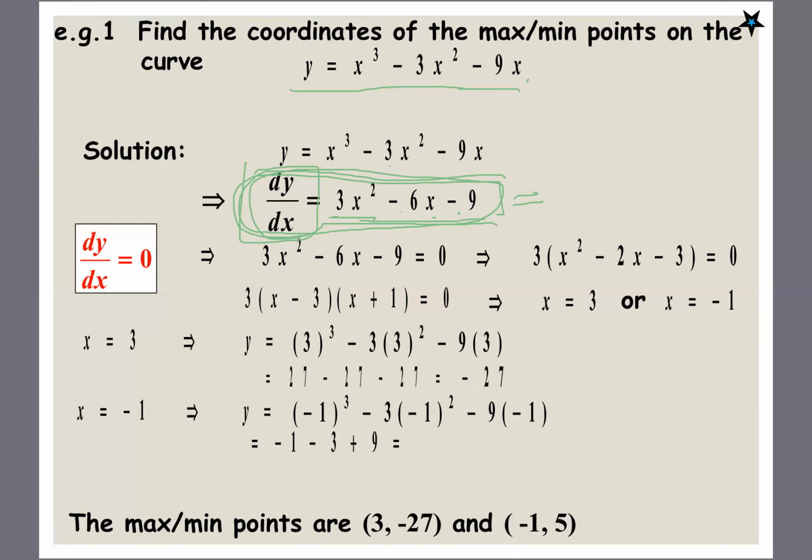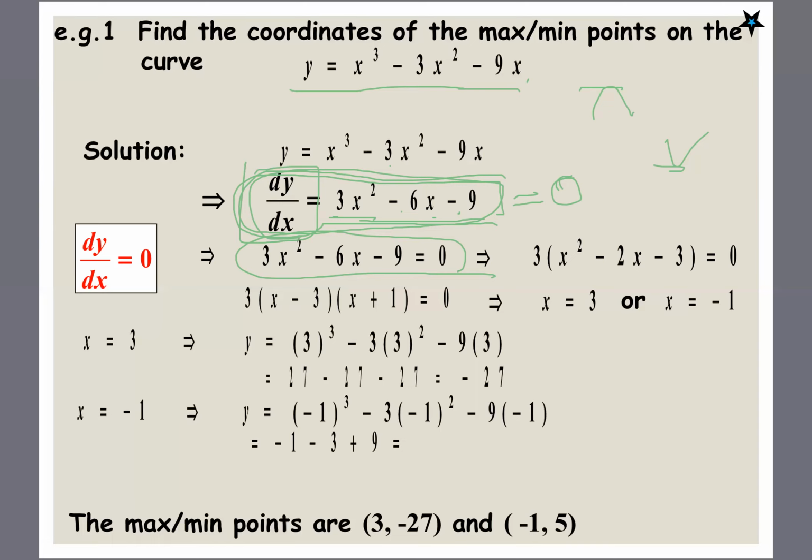Okay. But in addition to that, we know at the maximum point and minimum point, dy by dx equals 0. Therefore, to find the maximum or minimum point, we can equate this one to 0. Then we can simply solve it and get the value for x.